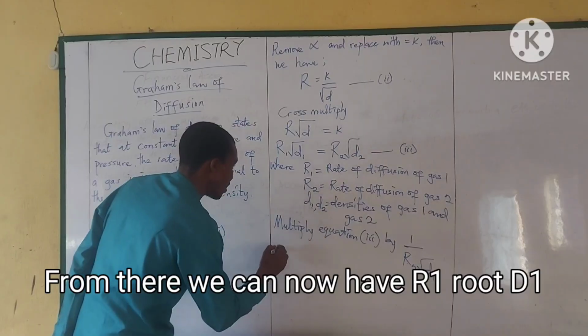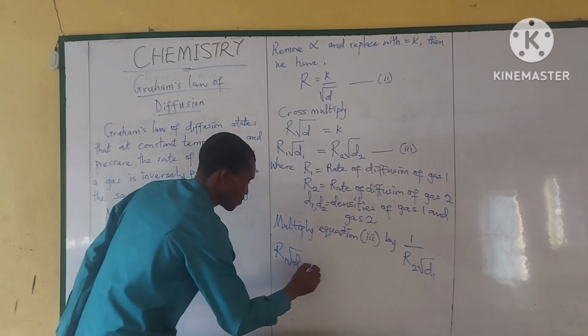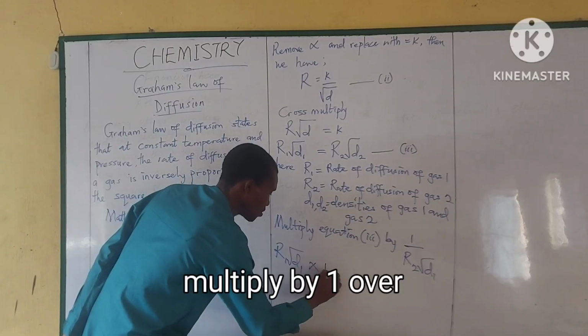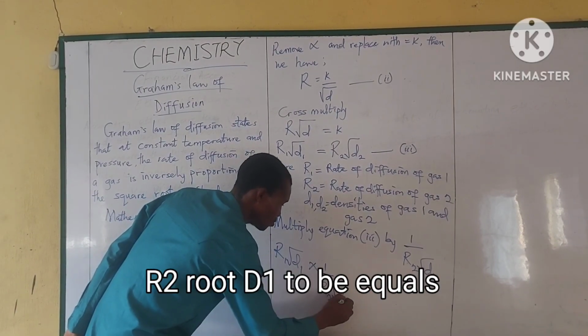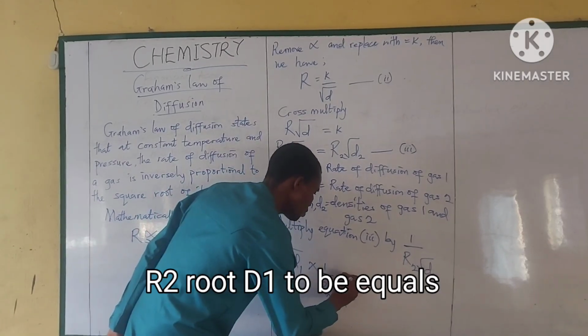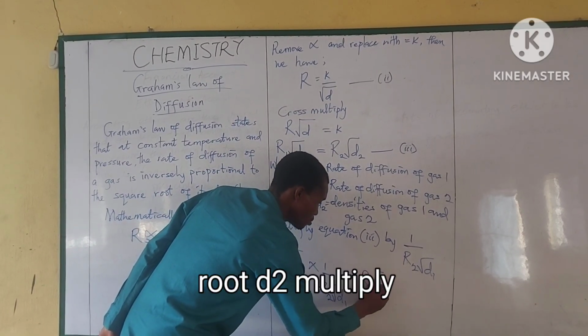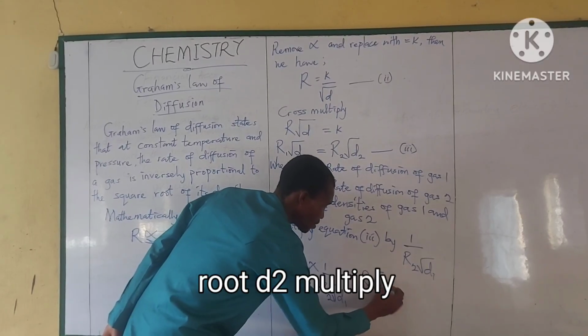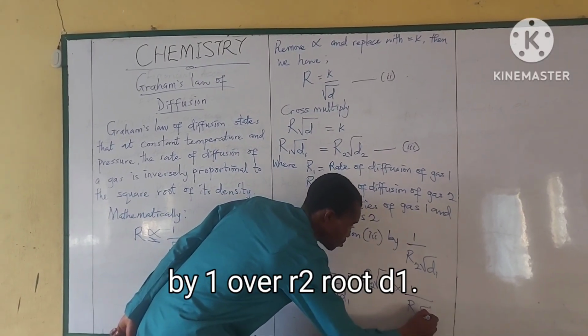From there we have R1 root D1 multiplied by 1 over R2 root D1 equals to R2 root D2 multiplied by 1 over R2 root D1.